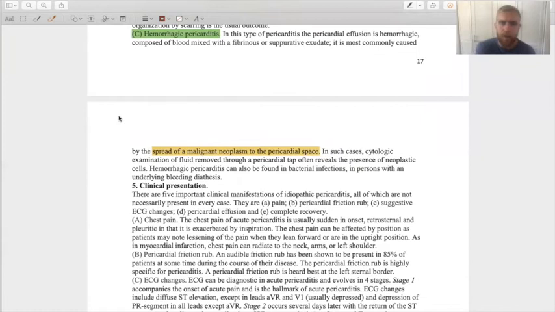Hemorrhagic pericarditis. Similar to a hemopericardium, except it's a much smaller scale. Your capillary beds are going to be leaking minute quantities of red blood cells into the pericardium, and the gradual accumulation of these blood cells is obviously going to tinge that fluid red, and this is most often caused by a neoplasm associated with leaky endothelial capillaries, right?